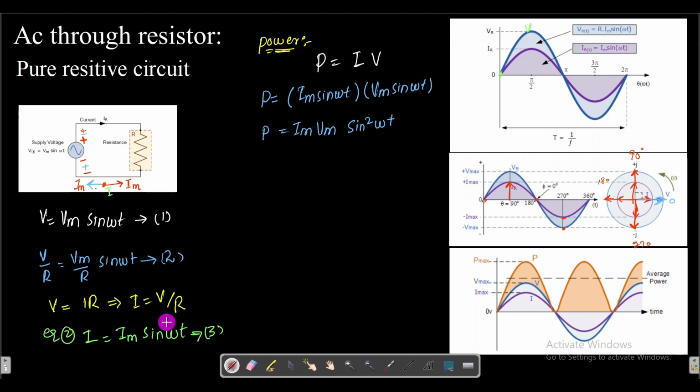Let's call this equation 4. Here sine omega t gives us values from 0 to 1, so sine square becomes 0 square and 1 square.